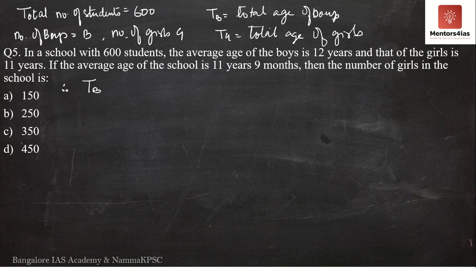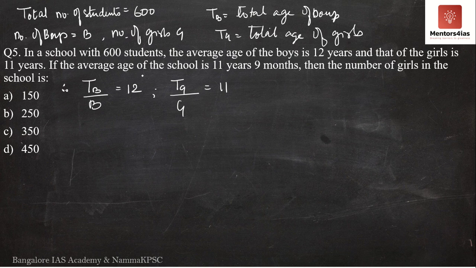When we divide the total sum of the age of all the boys by the total number of boys, we get 12. Similarly, the average age of the girls is 11 years, so when we divide the total sum of the age of all the girls by the number of girls, we get 11.